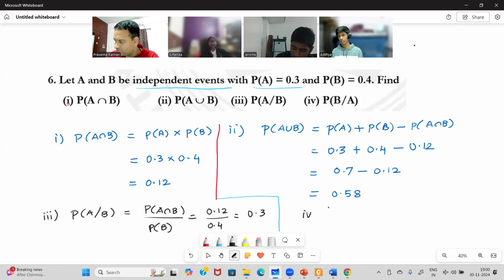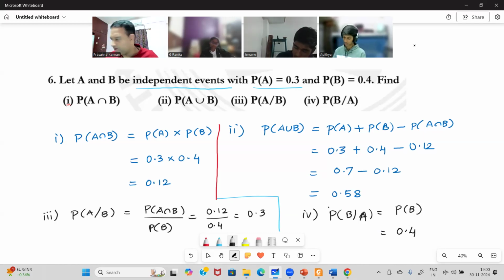Can you answer the next one based on that? What is P of B given A going to be? It's going to be P of B, sir. Because that A happened does not matter, right? Yes, sir. What is P of B? 0.4. Even if you substitute in the formula, you're going to get the same thing.